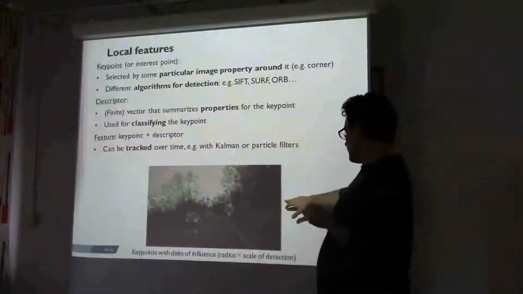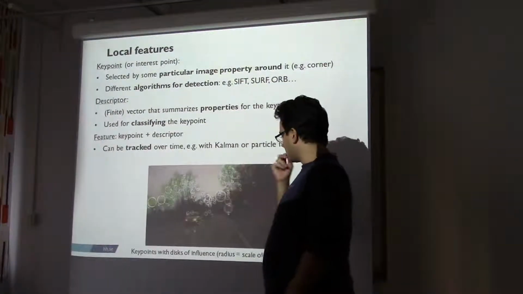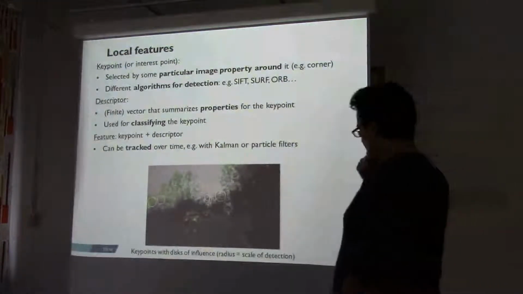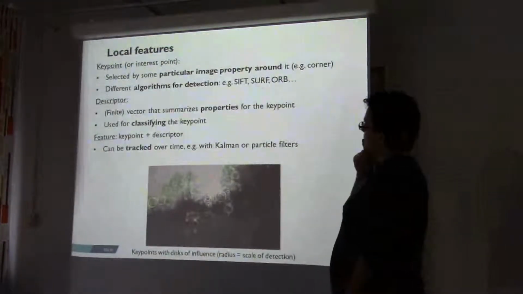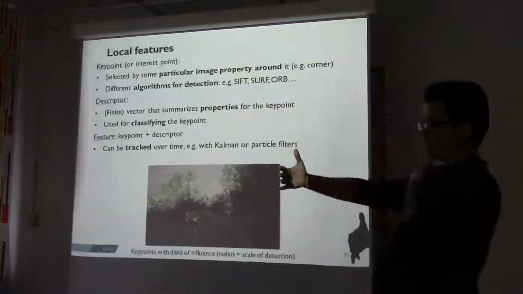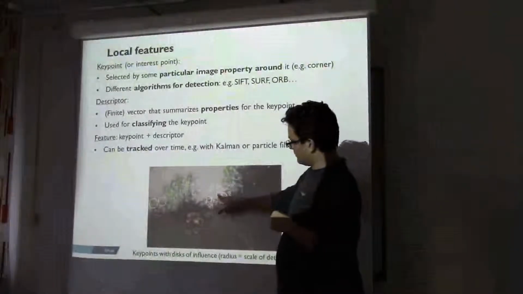This is an example of points extracted in an image using a SIFT algorithm, I think we will see later. And there is also an idea with features. You can have different scales in your image, and this is represented by these circles here.